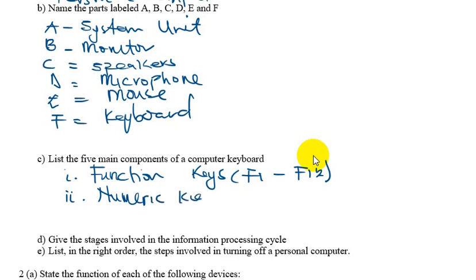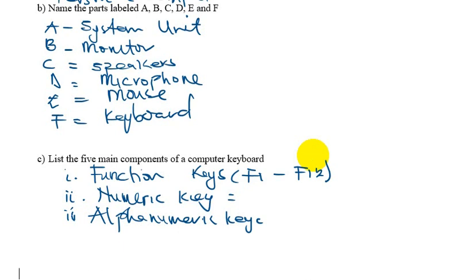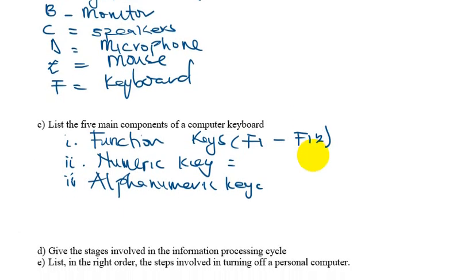Numeric keys are on the right side of the keyboard. Then we also have alphanumeric keys. If you look at where the letters A, B, C, D are, you can see clearly that there are some numbers on top of them.